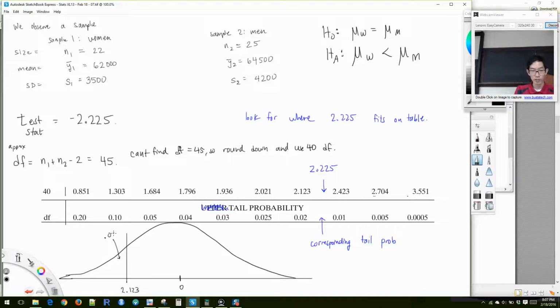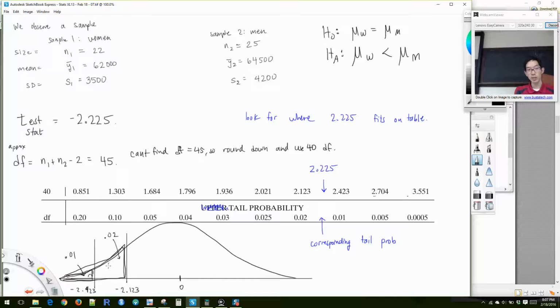However, if I move that line even further to the left, at negative 2.423, then the area over here would be 0.01. This chunk is 0.02, and the area to the left of negative 2.423 is only 0.01.